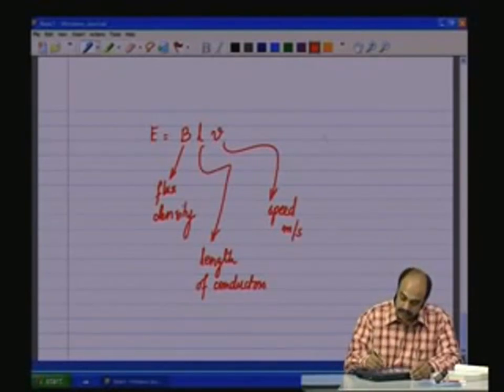And from this we have arrived at the induced or the generated EMF Eg, which is N phi Z by 60.